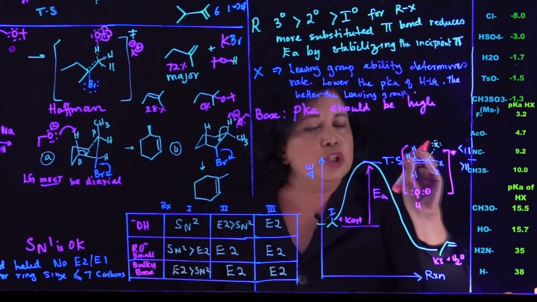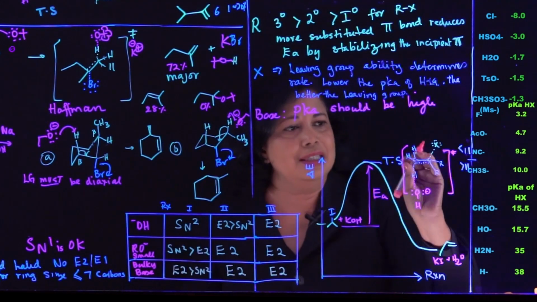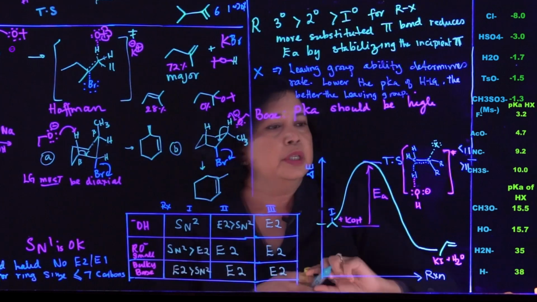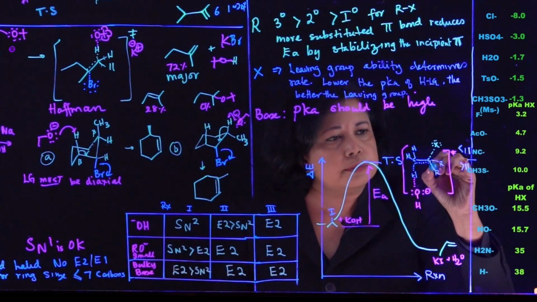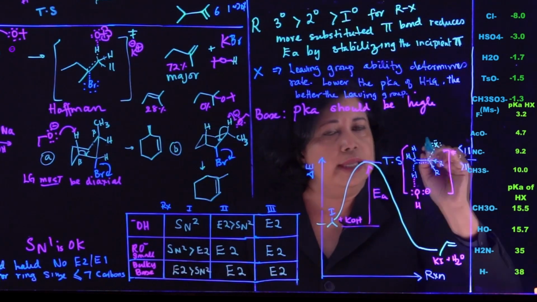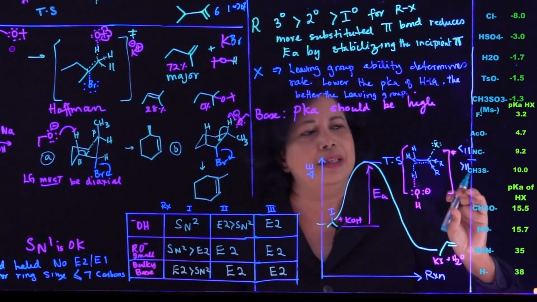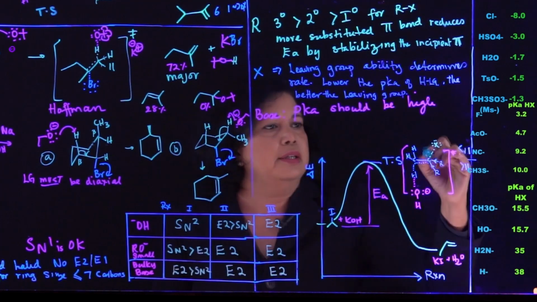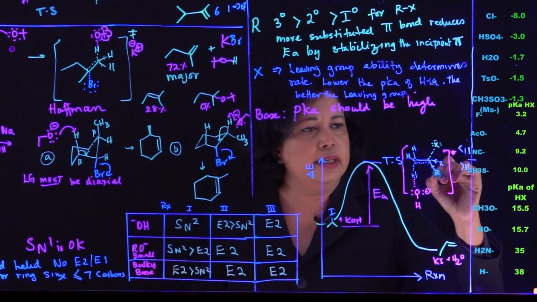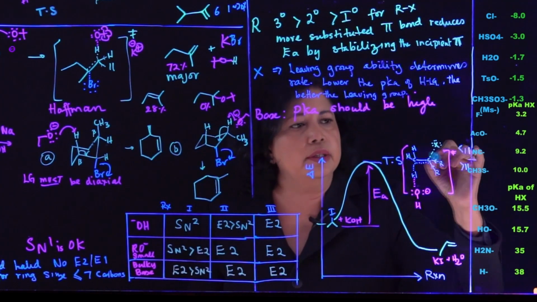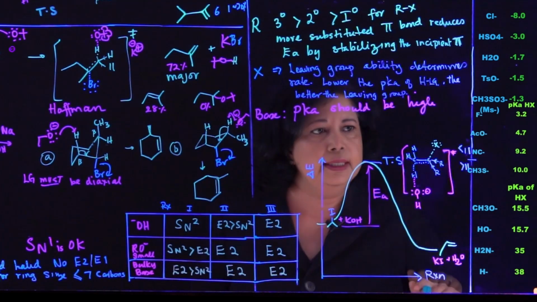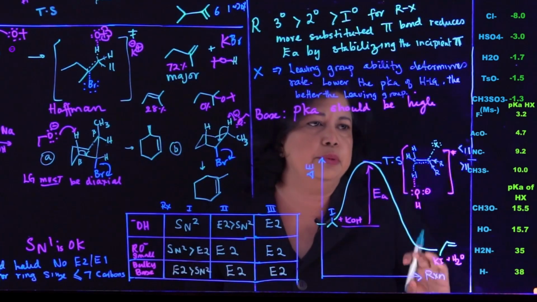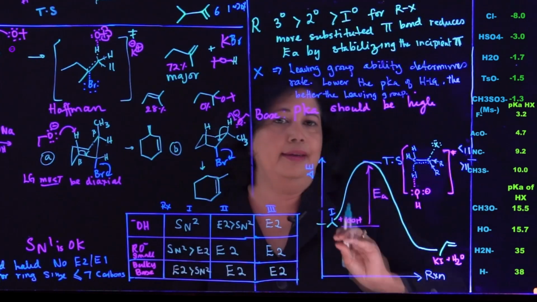So whenever you have electron deficiency in a transition state or even an intermediate, you want to have friends that can donate electron density to alleviate that pain of parting. Okay, so you're electron deficient. These are going to donate electrons to that carbon and to this whole system to make it lower in energy.